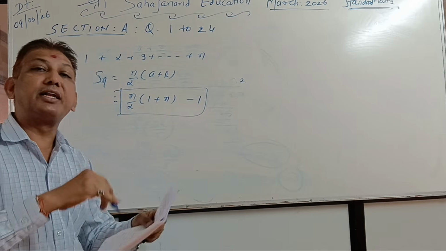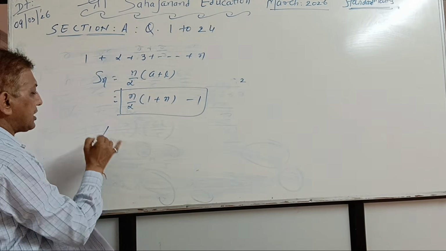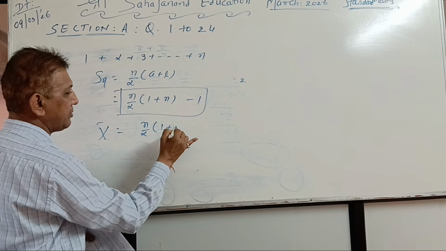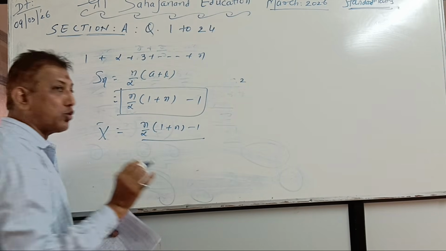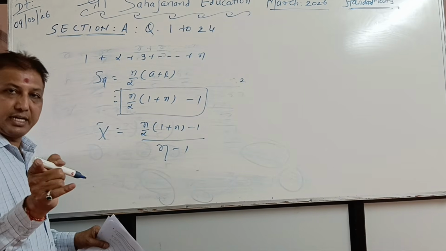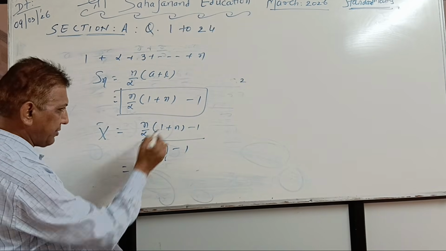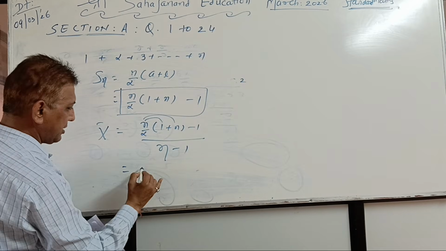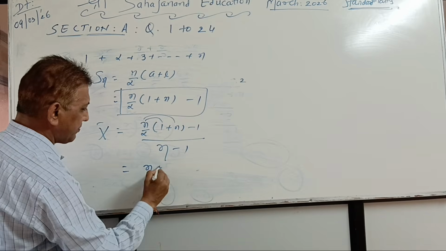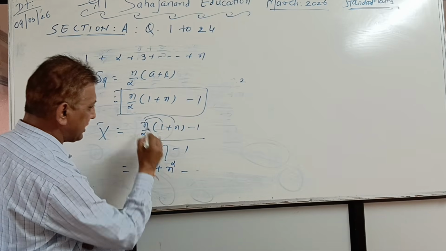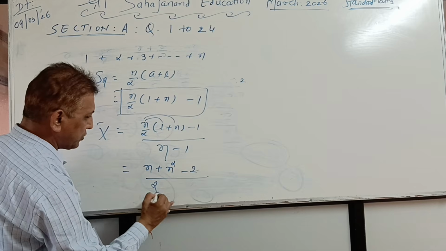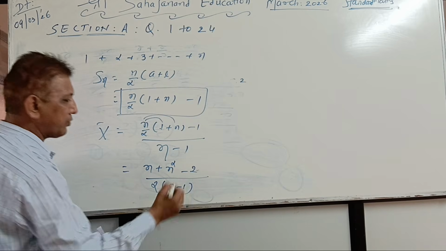Sn, right? But we find the mean here. So mean equals the sum of the natural numbers, n by 2 into 1 plus n minus 1, and the total number of natural numbers n, but we do not take minus 1. Is that clear? Okay. Now simplify. Open the bracket. N plus n square minus 2 upon 2 into n minus 1.